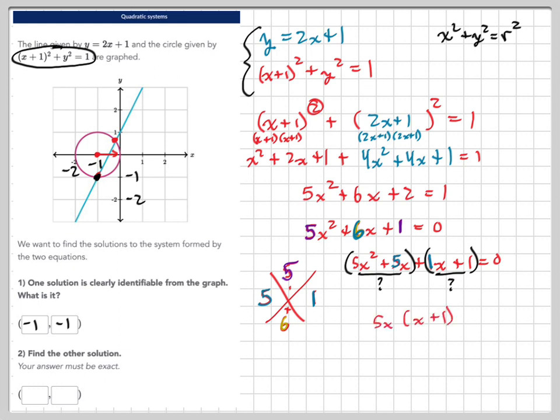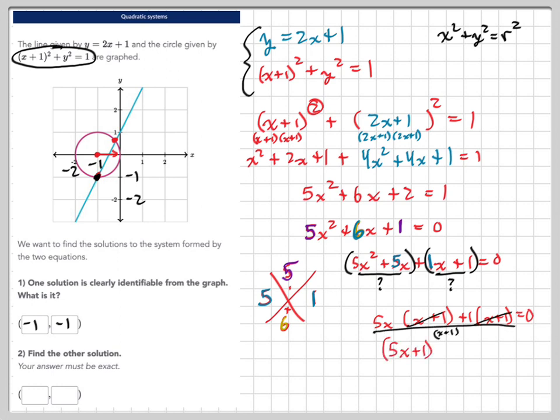You can take out a 5x. 5x squared divided by 5x is x, and 5x divided by 5x is 1. Then we think about the other pair. We can't take anything out of this one, so we take out a +1. Oops, I messed up my positive there. There we go, it's fixed. Set that equal to 0, and then we finish our factoring.